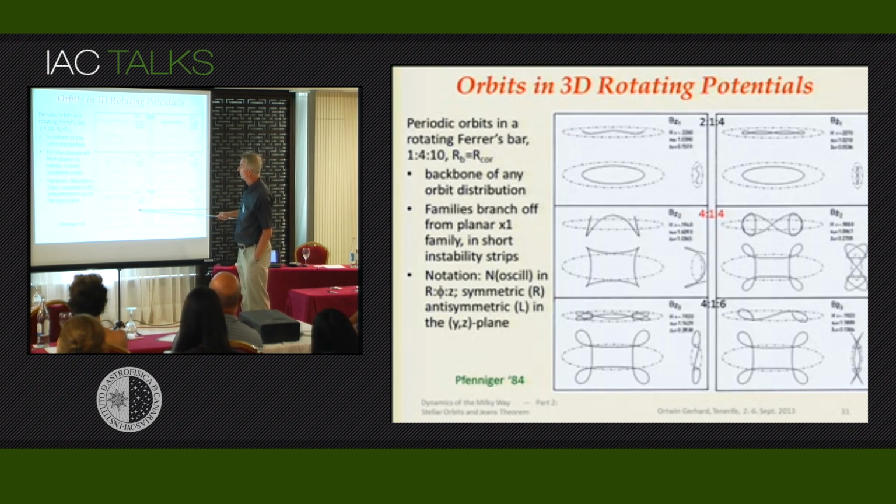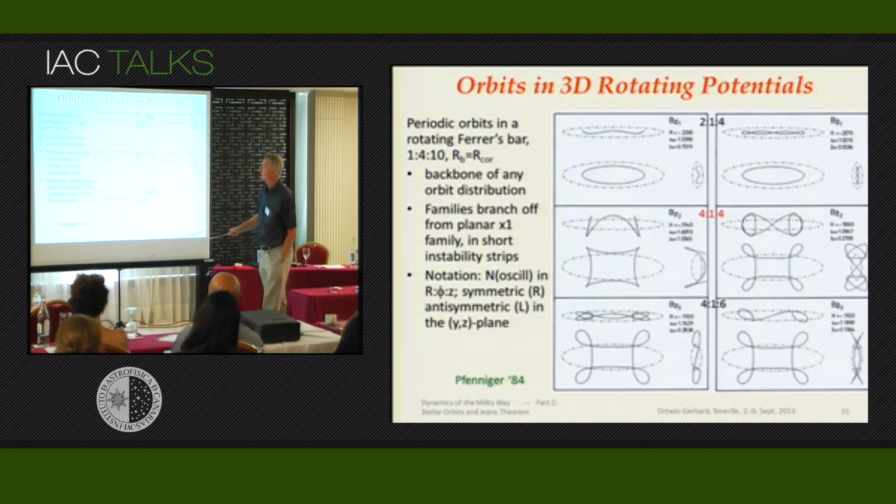And now, in addition to having the 2 planar coordinate motions, you also have the oscillation in the 3rd dimension. And so here are now orbits that are resonant. For example, this is an orbit that has a ratio of radial to angular frequency of 4:1.